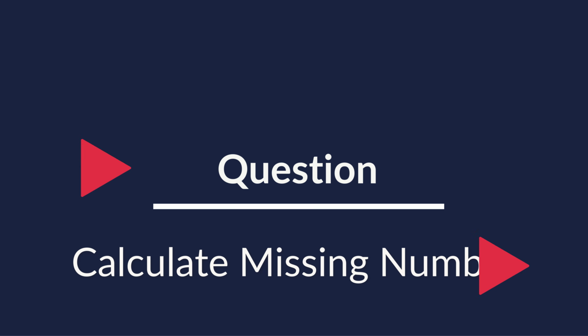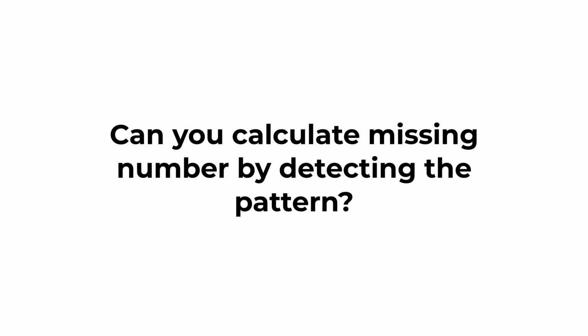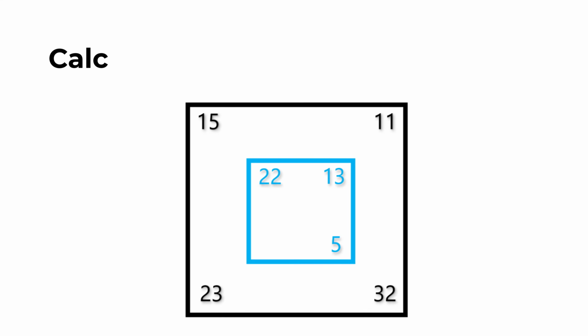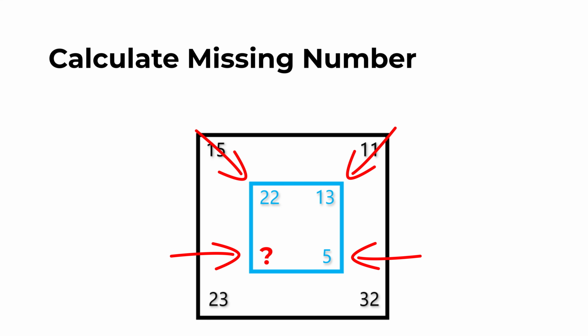This is a very interesting question which requires you to do calculations based on the pattern that you need to detect. You're presented with two squares. The small square is located inside the larger square. There are numbers in all corners of the larger square as well as in all corners of the smaller square.